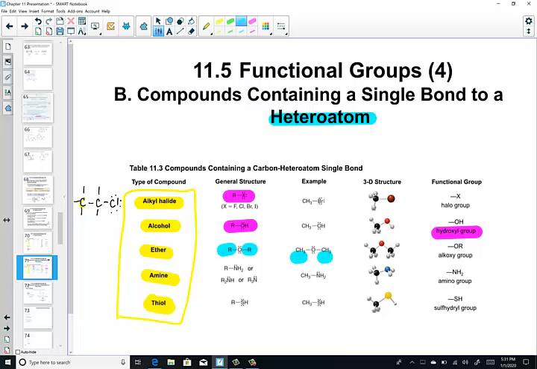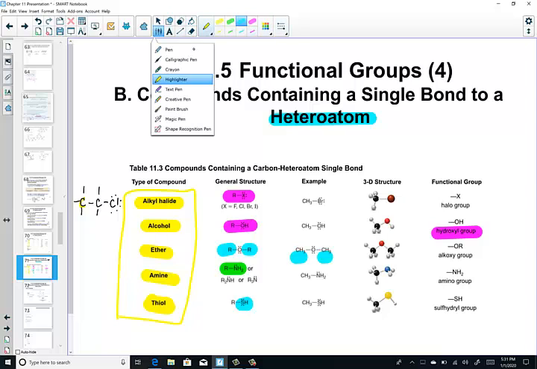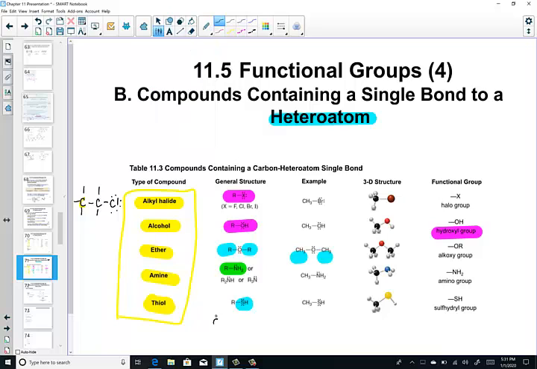Here is an amine. The amine group has the nitrogen as part of its functional group, NH2. And the last one we're learning is called a thiol, and the thiol, you'll notice, has the sulfur as part of its functional group. Sulfur and oxygen have so much in common, as you might predict just based on where they live on the periodic table. Oxygen lives in group 6A, so we see that it forms 2 bonds with 2 sets of lone pairs.